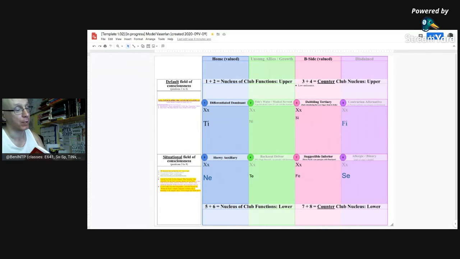So, now we've got the witnesses. Each witness will respond to these events in a manner typical of his type. We will take each of them in turn. The sensation type, or instincting type, the sensation type will give the clearest account of what happened. He will have noted the height, build, and general appearance of the two men.